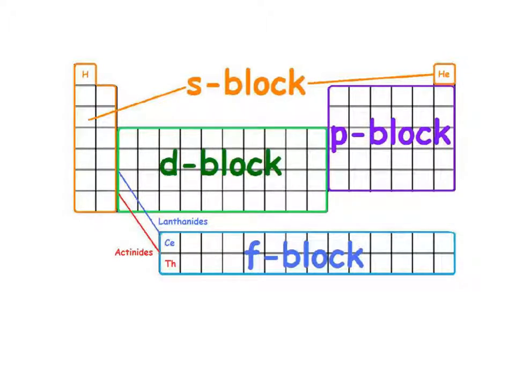And so if you look, we have something called S block right here, and helium actually does fit into S block. It fits right there. We have P block, which is the next highest energy. That one's right here. Then we have D block, which is right here, and then we have F block, which is way down here.